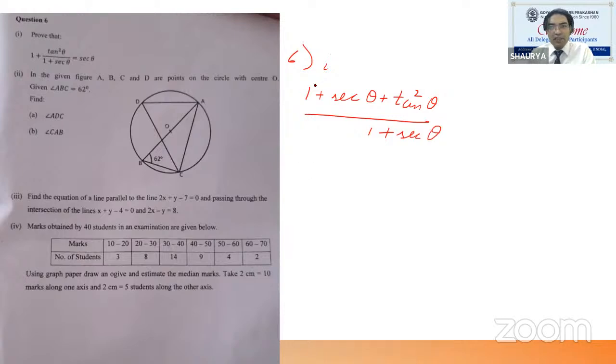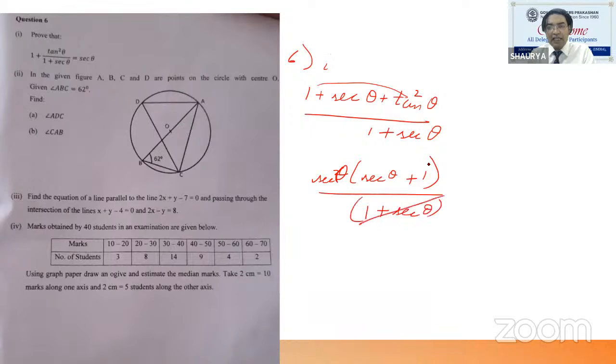So 1 plus tan square theta, that's the only identity I can think of right now. So it should be sec square theta plus sec theta. If I take sec theta common, I should have sec theta plus 1. In the denominator also, I have 1 plus sec theta, which is an identical term. So this entire bracketed term gets cancelled off, and in a couple of steps, we come to the RHS, which was only sec theta. This stands.